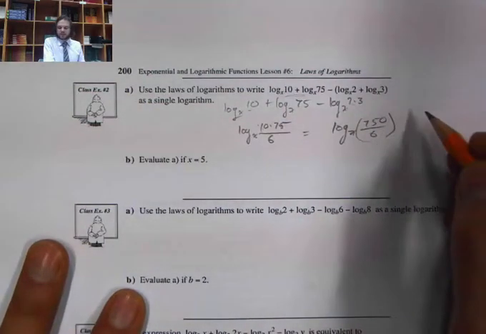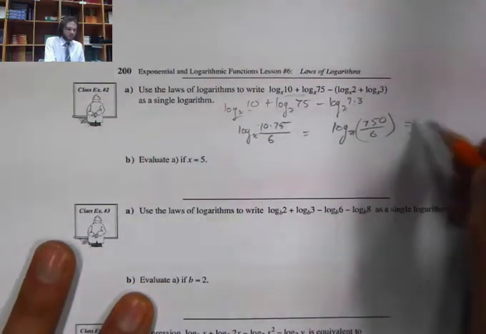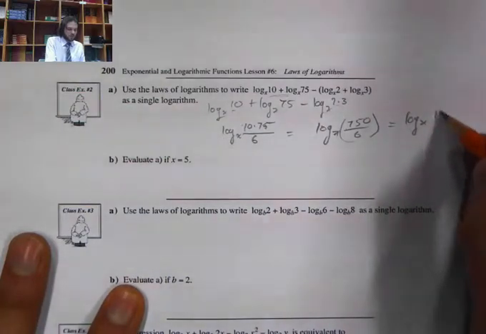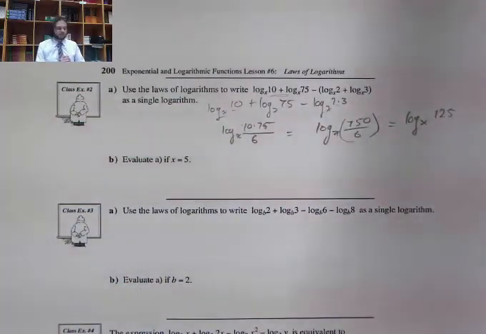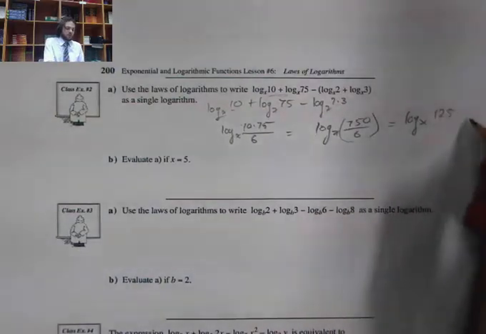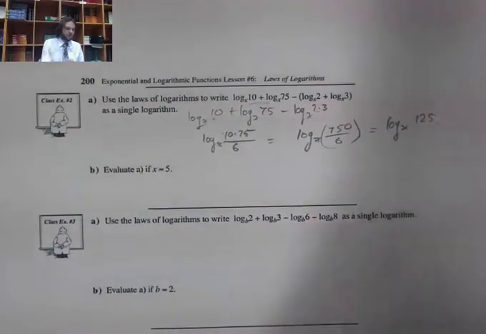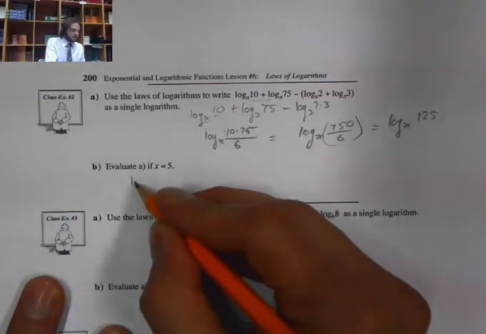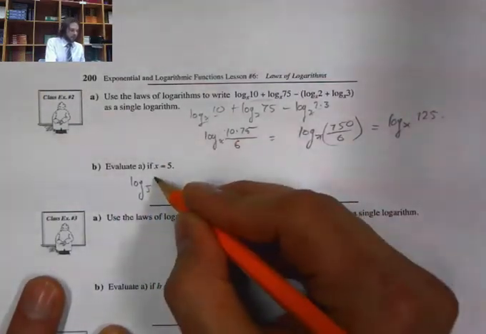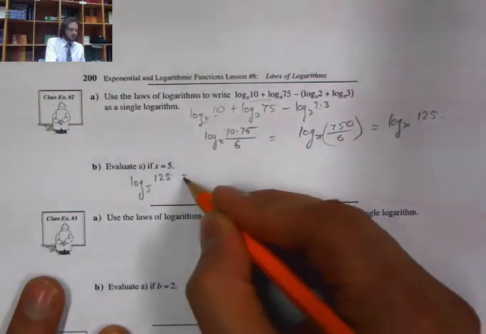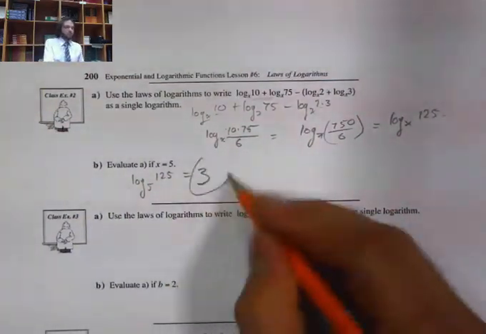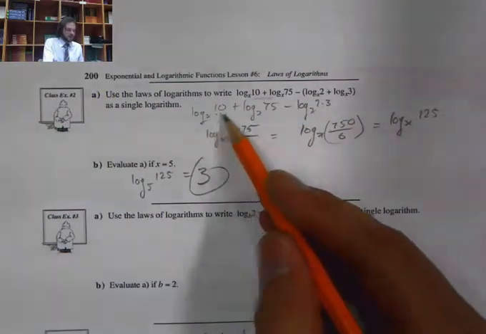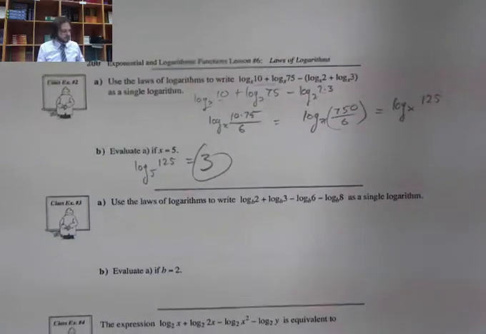And that can be simplified a little bit more to log base x of 125. Something to the power of something is equal to 125. Now evaluate if x is equal to 5. So we're going to get log base 5 of 125. 5 to the power of what is equal to 125? That's going to be 3. There's my answer. Easy. But before, if I have this x there, that'd be very difficult to do, wouldn't it?